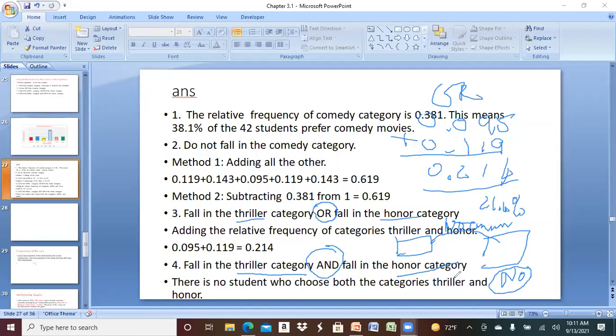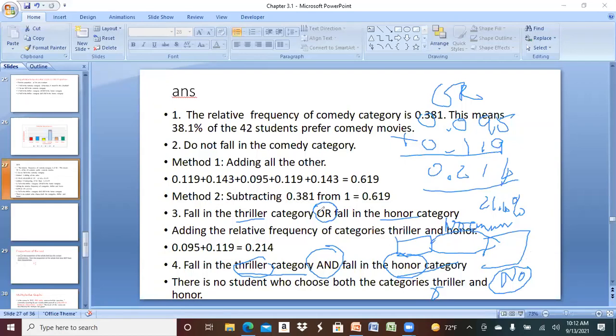That is equal 0, right? Because the and is you find the common between the two categories. But in this one, we don't have any student prefer both thriller and horror. So the question is falling in thriller category and falling in horror category is equal 0. Because no student prefer both. We don't have the common.